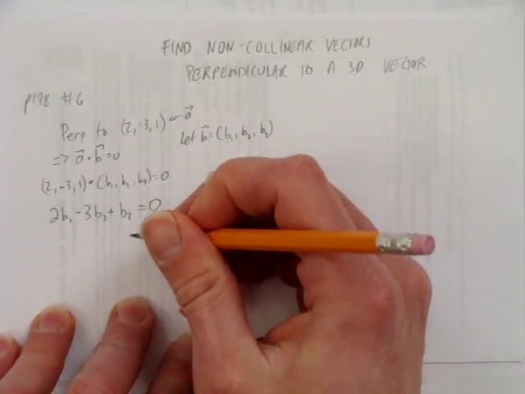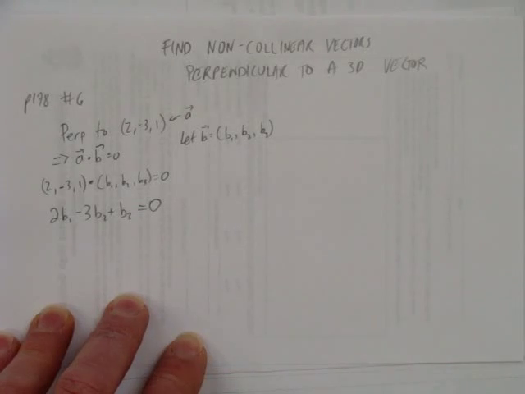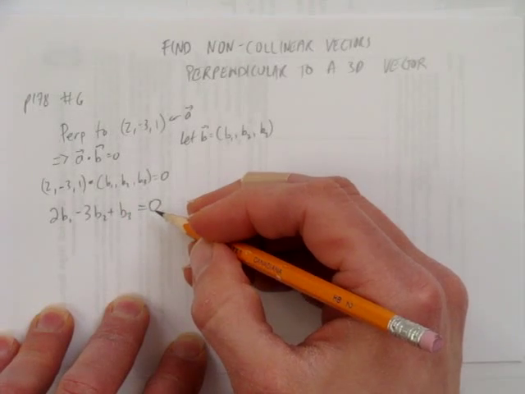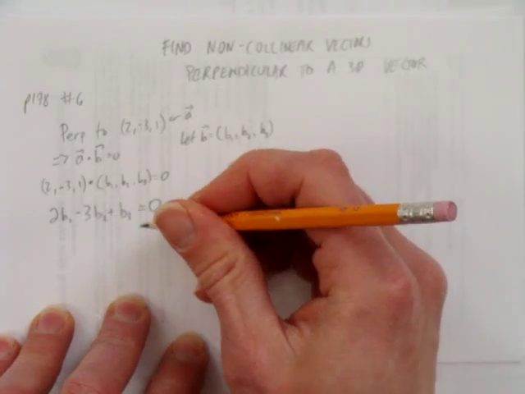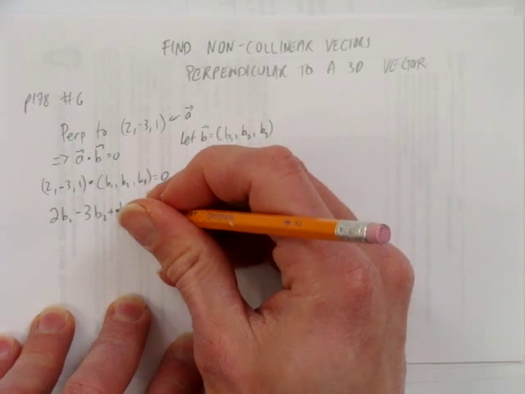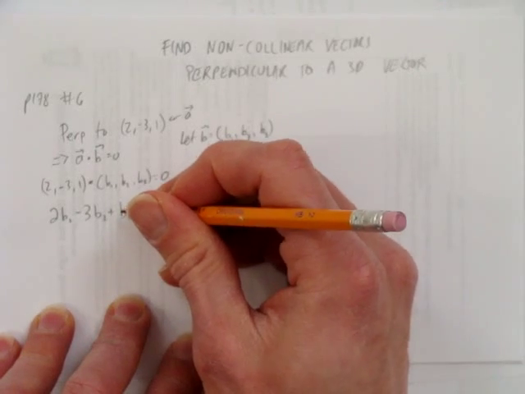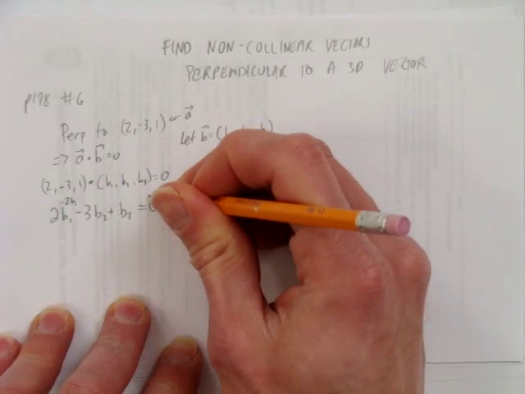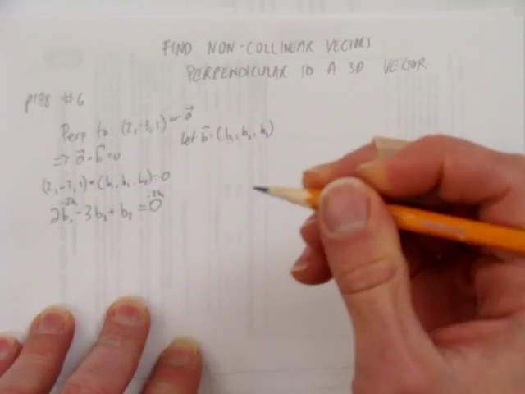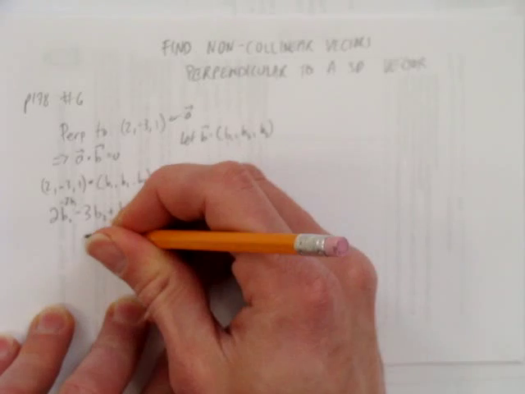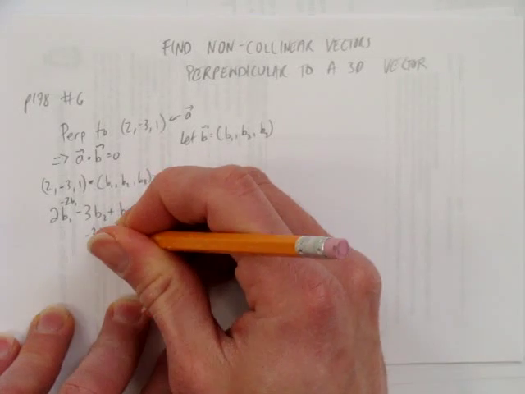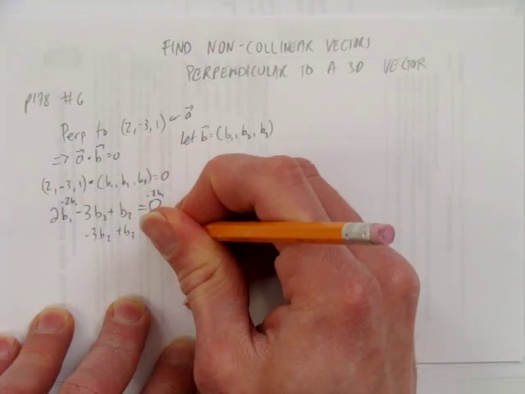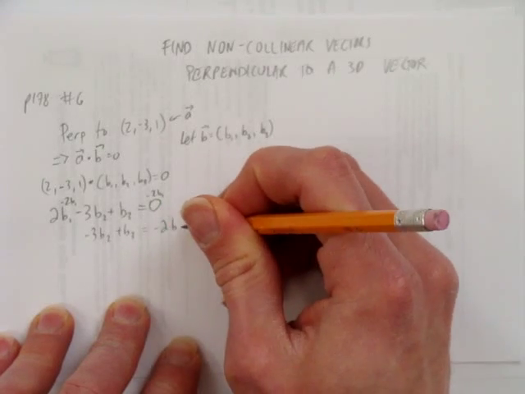We need to get one of these components by itself. For example, it'd be nice to get this b3 by itself. It has no coefficient, so I can move the other components over. I'll subtract 2 times b1, and I get -3b2 plus b3 equals -2 times b1.